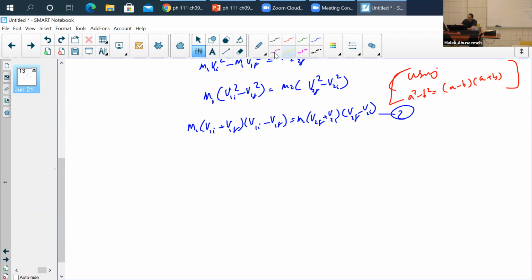Now let's look at the momentum, where we define the momentum as mass times velocity.